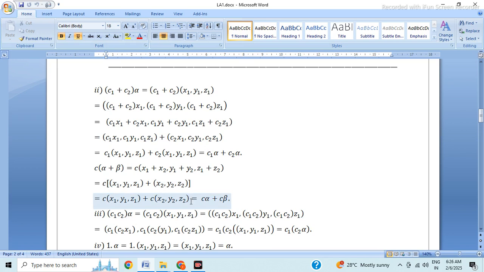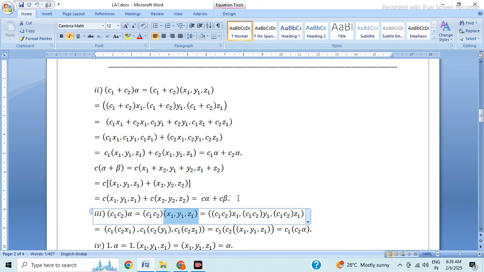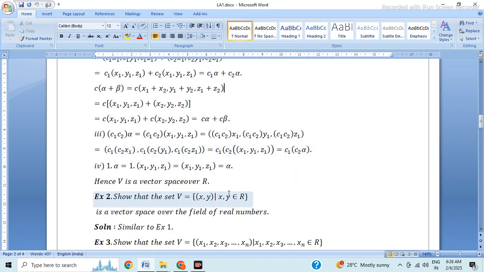Then next condition is C1 C2 alpha, associative law only. We can't say exactly that it is the associative law, but it's similar to it. C1 C2 alpha, then C1 C2 times x1, y1, z1. Similarly, when you simplify, you get C1 into C2 alpha. Then 1 into alpha.